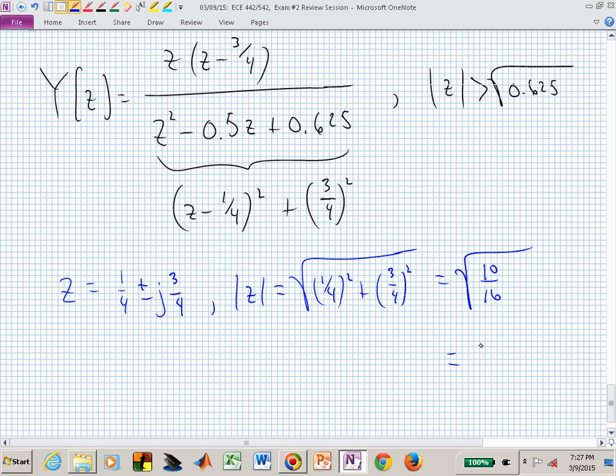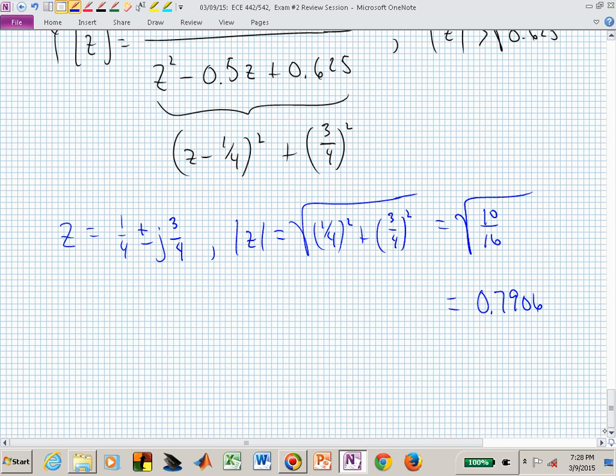The square root of that is 0.7906. Now our region of convergence is beyond 0.8, roughly. So we now know the distance our poles are away from the origin in the z-plane.